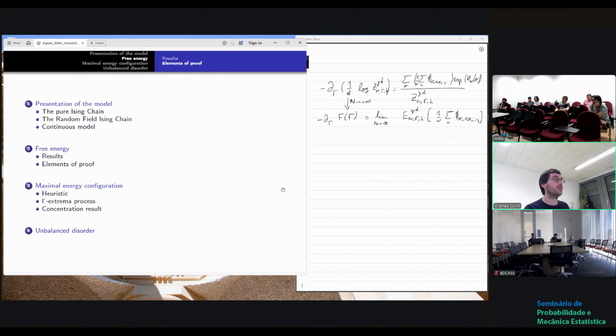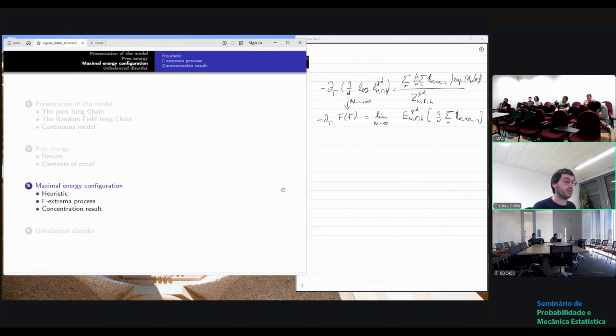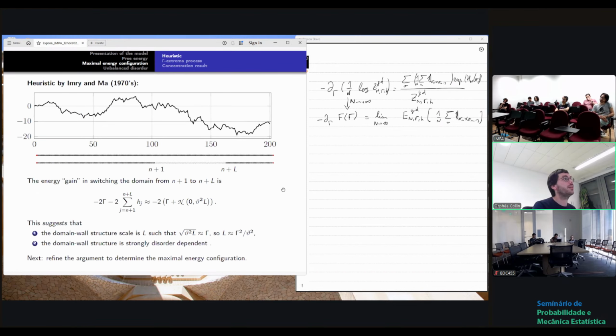Let me now go to results at the level of configurations, because we are able to describe more precisely the typical configurations. First, a heuristic that dates back to the 70s. Here is an instance of the potential, and we consider first the configuration which is +1 everywhere, and we consider the possibility of switching the spins between n+1 and n+L.